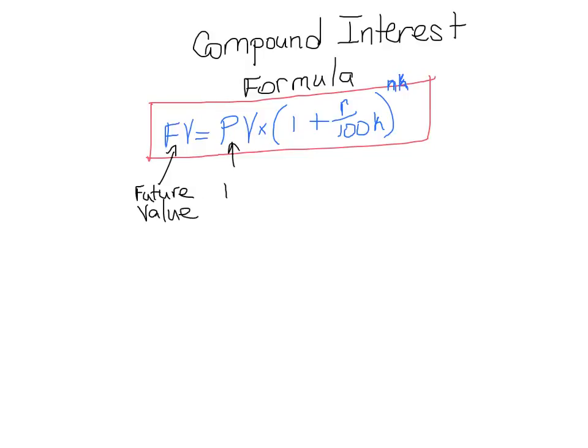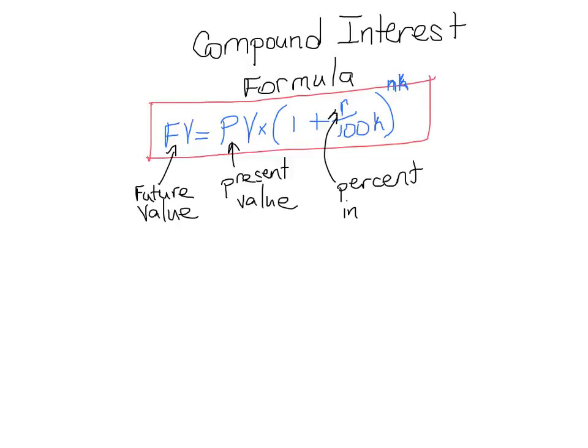PV is present value. That's what you have at the very start. R is the percent interest per year.